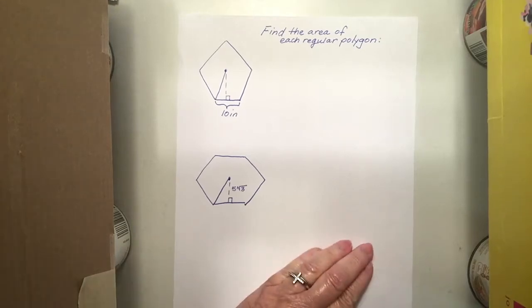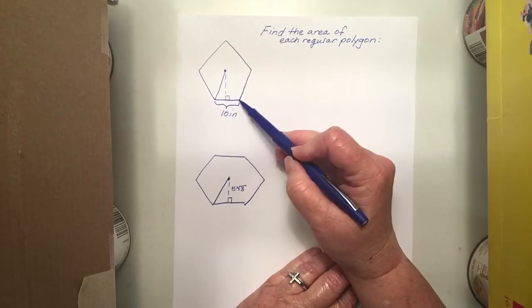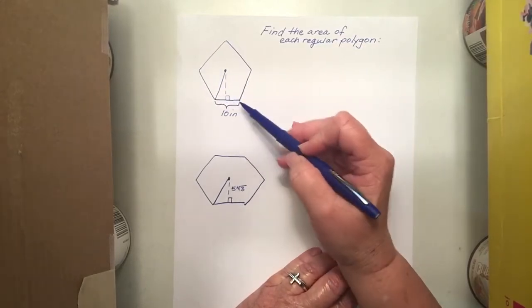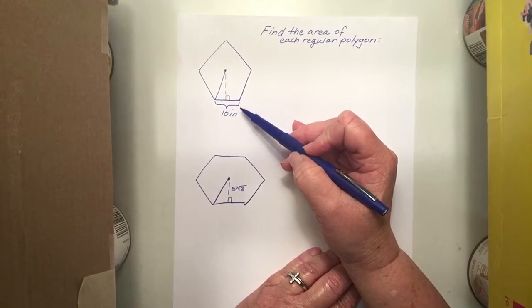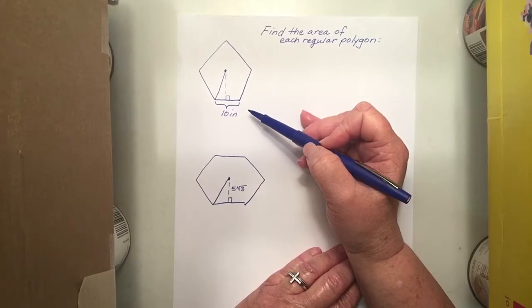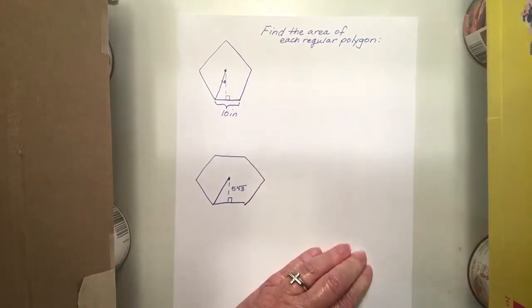First thing I need to do is see what information I'm given. I have 10 inches here for a side of the regular polygon. That means all these sides are equal to 10. My sketch is a little wonky looking, but they all should be equal to 10. What I need to do is find this degree measure.